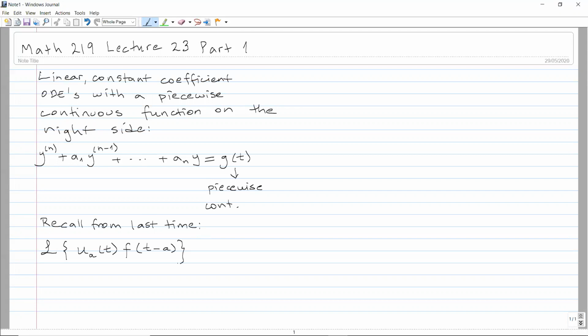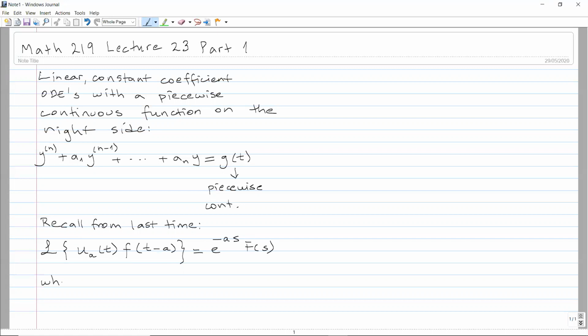Let me emphasize this point. If you're using a unit step function, then you need to shift the function f by a units. So the Laplace transform is e to the minus a times s times capital F of s.